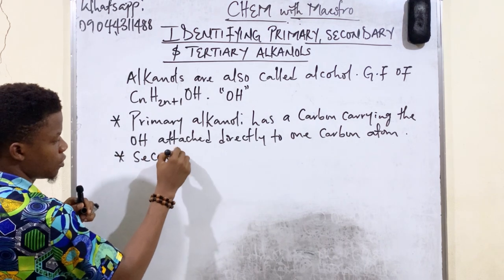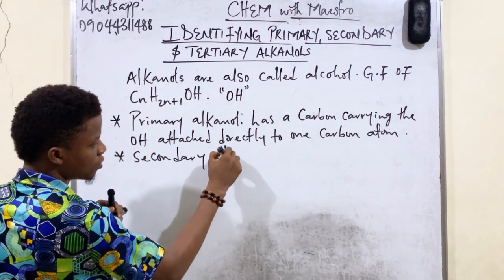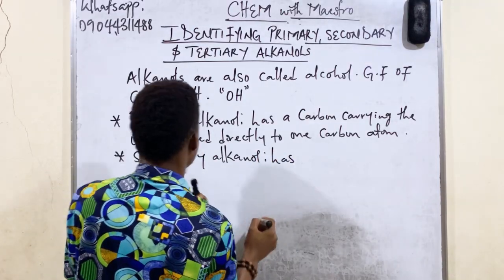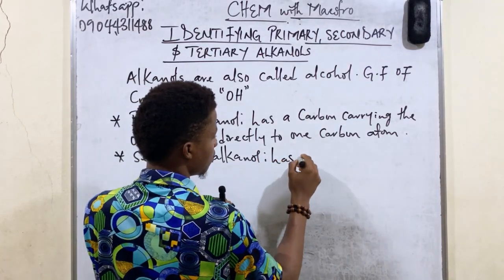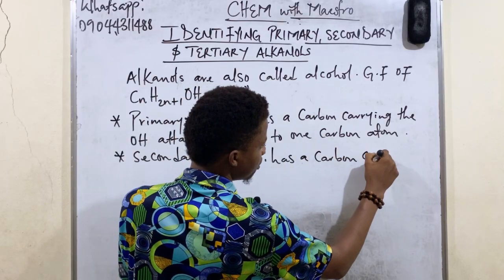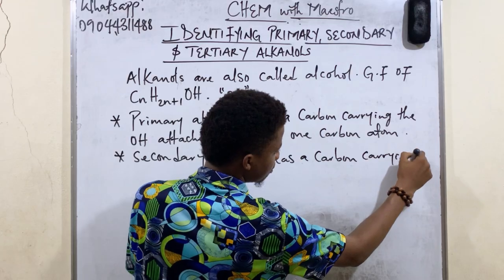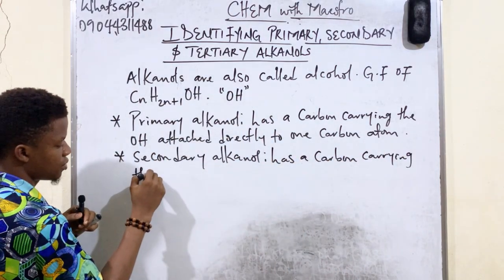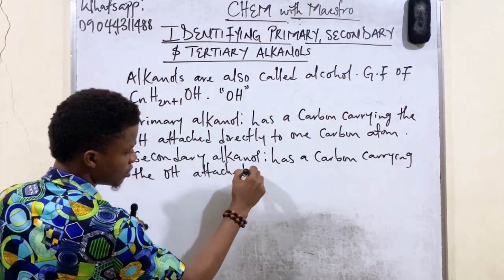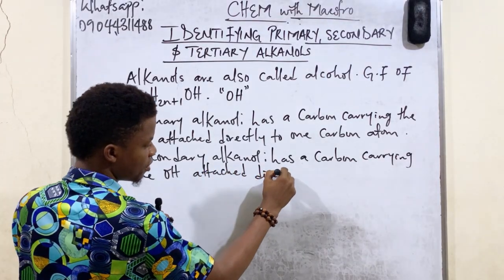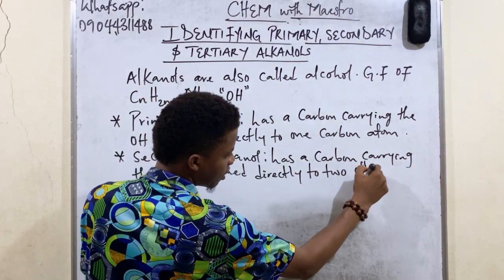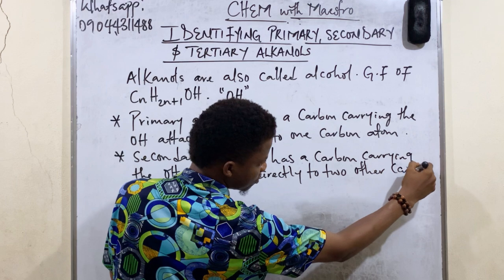A secondary alkanol has a carbon carrying the OH attached directly to two other carbons.